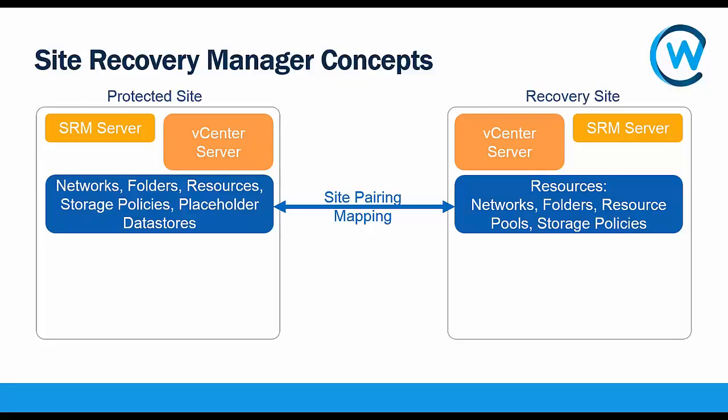So, placeholder datastores. The way SRM works is effectively replicating the data either at the storage array level or at the VMware level. So they typically remain offline whilst the volumes aren't available in the recovery site. What VMware does is use a placeholder datastore where you just store a copy of the VMX file.